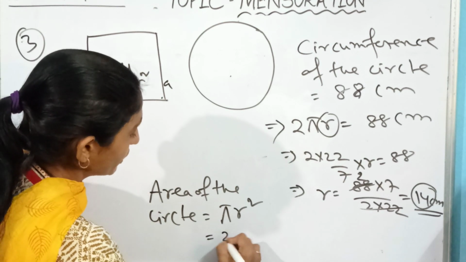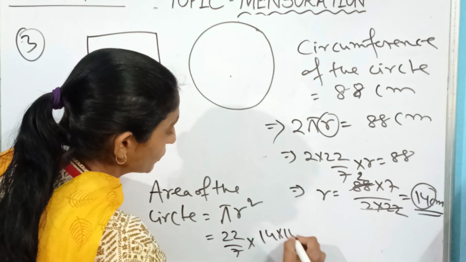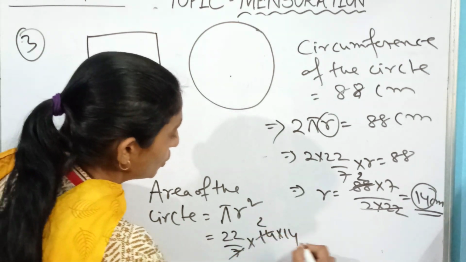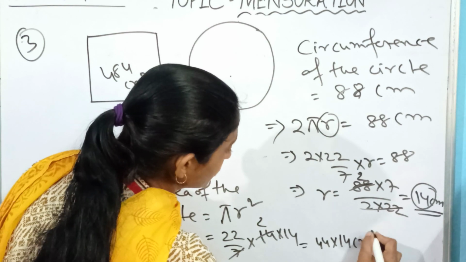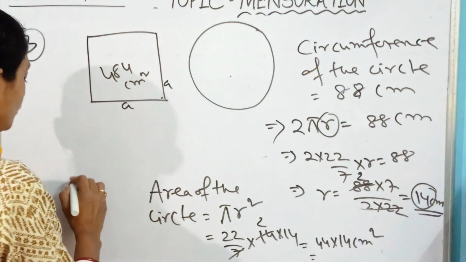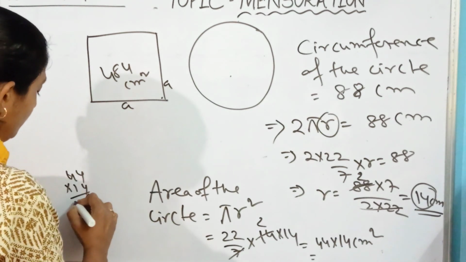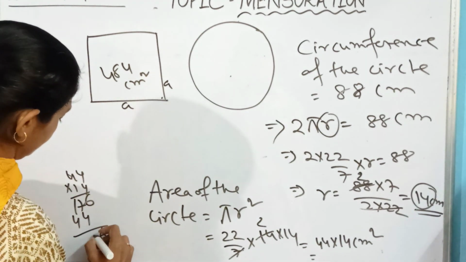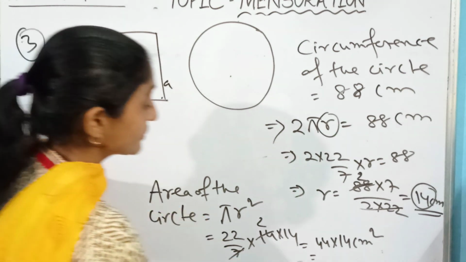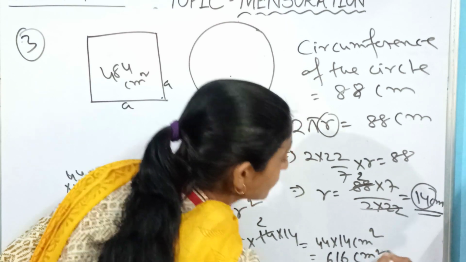So 22 by 7 into 14 into 14. Let's cancel, it is 2. So you get 44 into 14 centimeter square. Multiplying 44 into 14, we get 616 centimeter square.